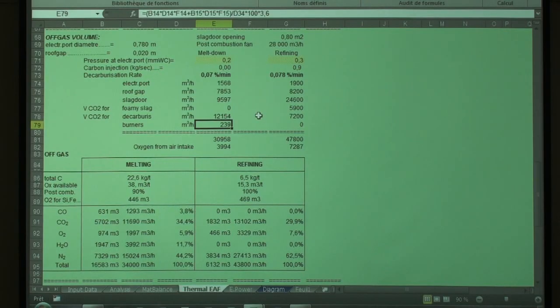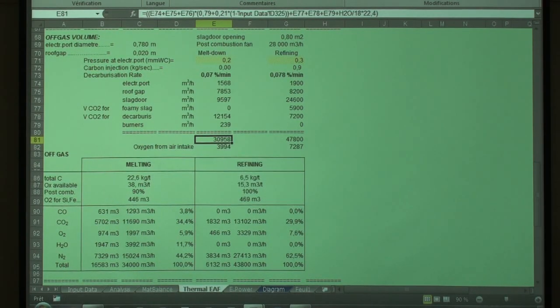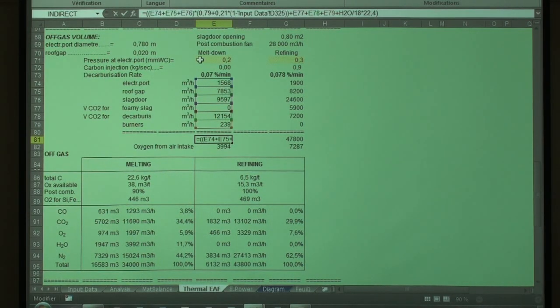OK, so the volume is approximately the total amount, because you have the addition of all air ingress.